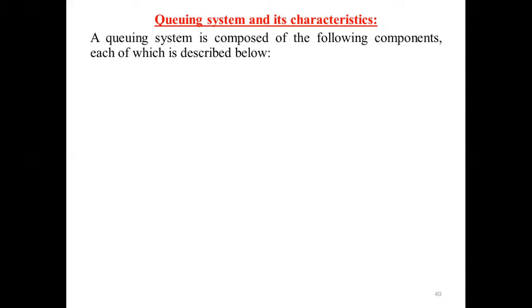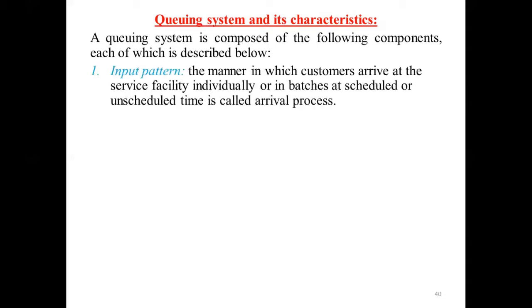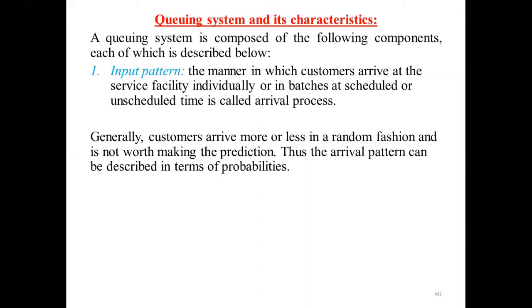The first one, input pattern: the manner in which the customer arrives at the service facility, individually or in batches, at scheduled or unscheduled time, is called the arrival process. For example, in a supermarket, whether a person individually or a batch of people will arrive at the shop, we call it the arrival pattern or arrival process.